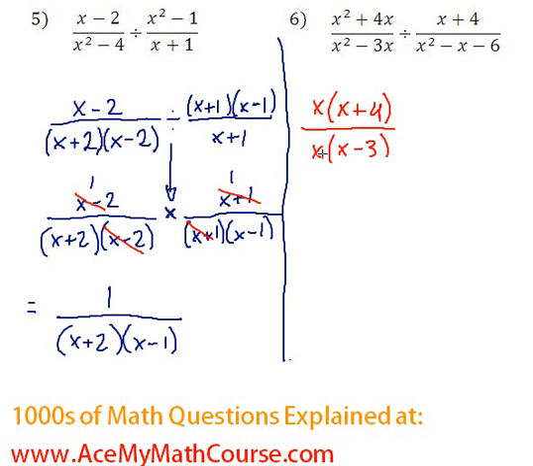We get x times x minus 3, all divided by x plus 4. And what does this factor into? Looking for two numbers that multiply to negative 6 and add up to negative 1. Those numbers will be negative 3 and plus 2.